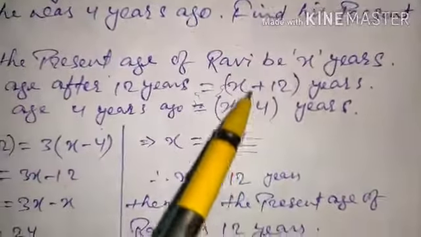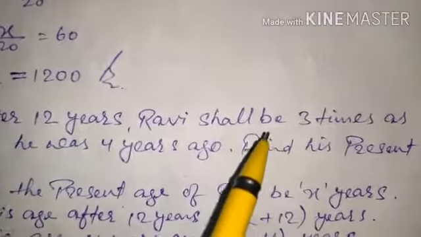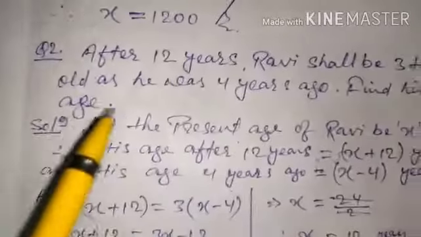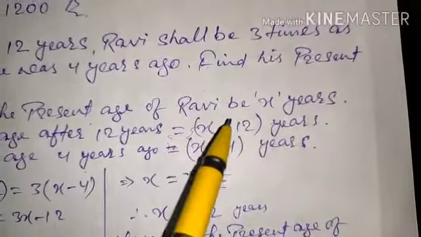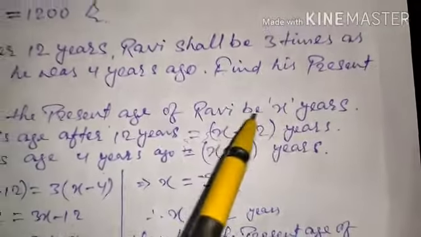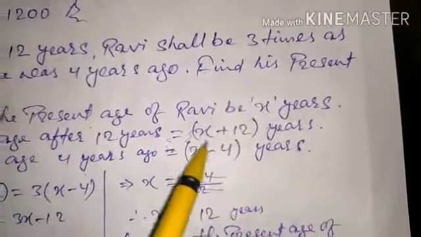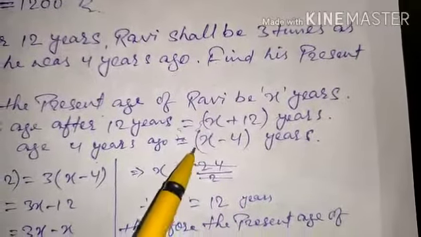So we have got these two things, and the relation is given in these two things only. Ravi shall be 3 times as old as he was 4 years ago. So this age x plus 12, the age 12 years after, is 3 times this age x minus 4, that is 4 years ago.